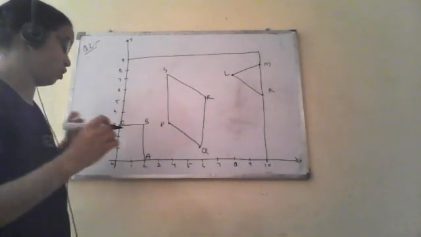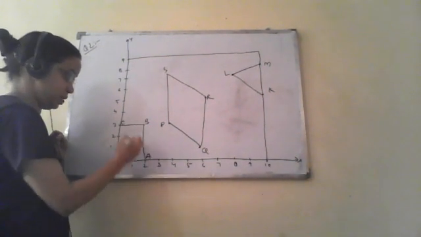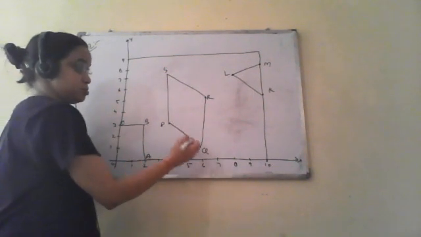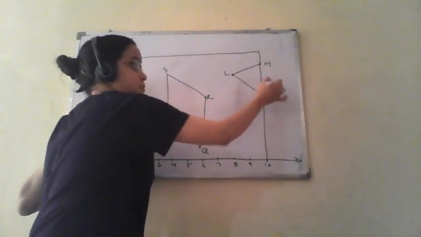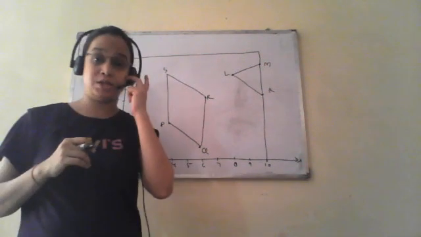Vertices means all these points. This is point A, B, C, and O. This is P, Q, R, S, L, M, K. So you have to write the coordinates of these points.